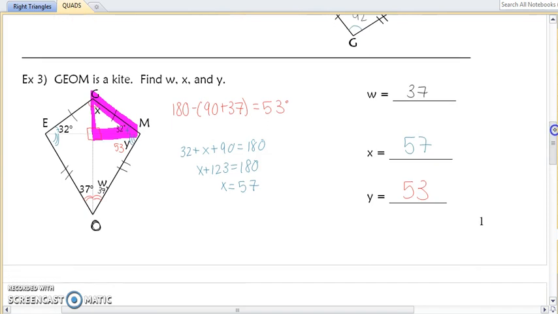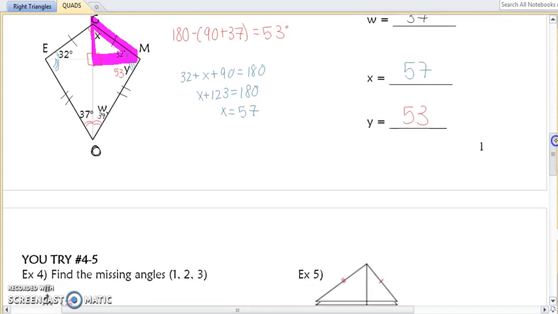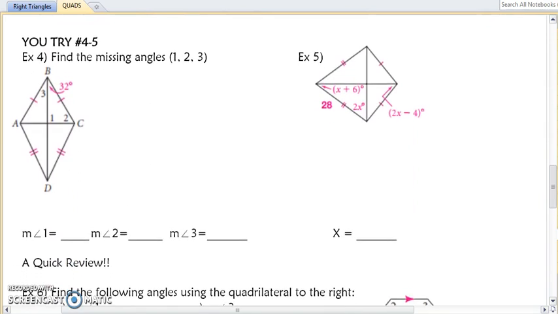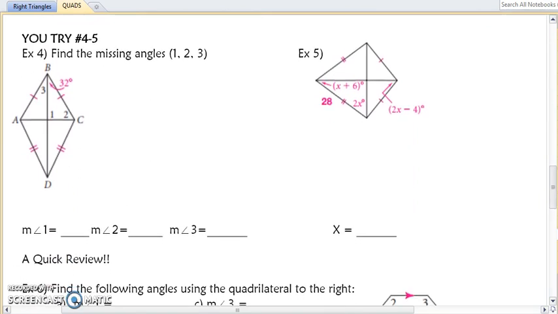Now, for the rest of this note sheet, I want you to try number 4 and number 5. I will put down the congruent marks with the angles to help you out. But again, I want you to try this on your own to see if you do indeed understand exactly what the kite properties are.